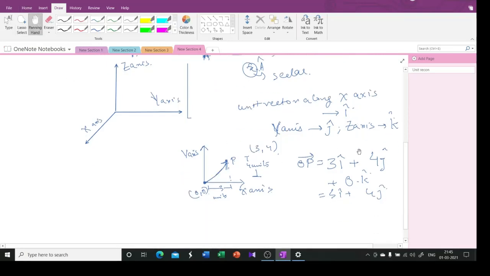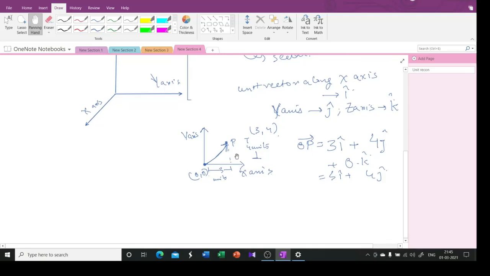Now since we have drawn this vector from the origin, we have a special name for this vector OP. Basically, this vector OP represents the position vector of point P. That's not very important actually.